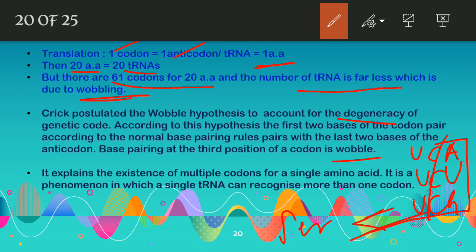It is a phenomenon in which a single tRNA can recognize more than one codon. Okay, so to put it simply, wobble base pairing means the base pairing between RNA molecules which does not follow the general rule of Watson-Crick base pairing.